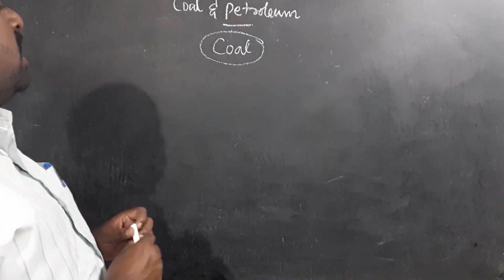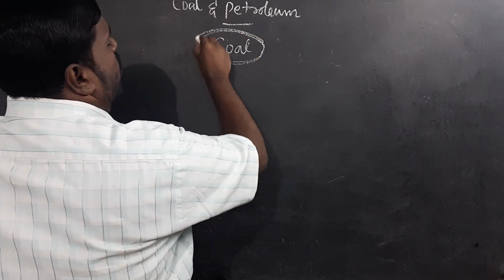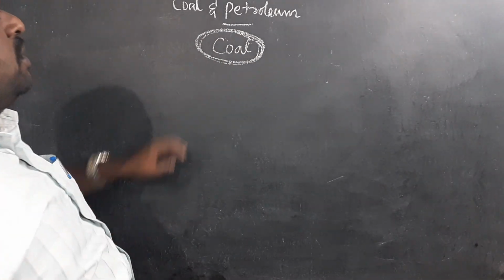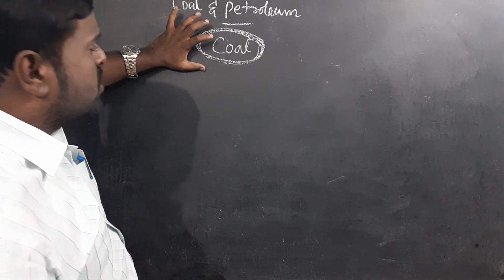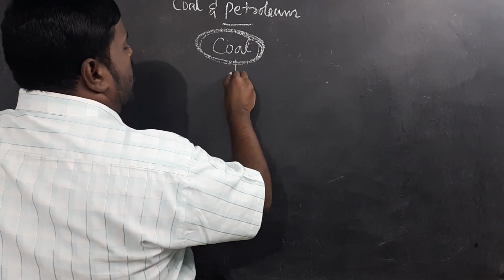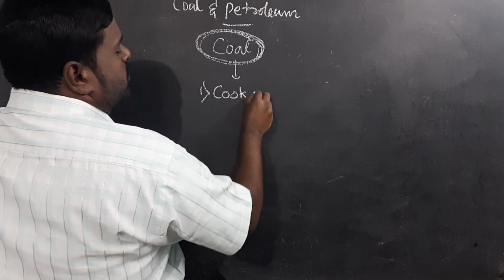Very, very important. Before that, see what the main uses of coal are. Before we study the story of coal, first you want to know where you use coal. In earlier times, coal was used for cooking of food.